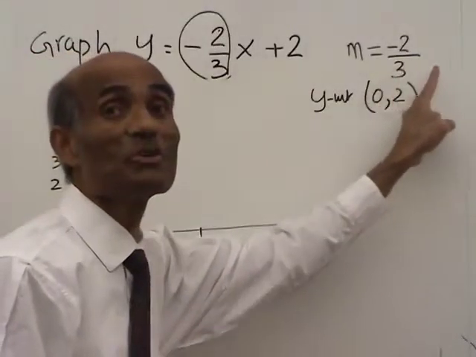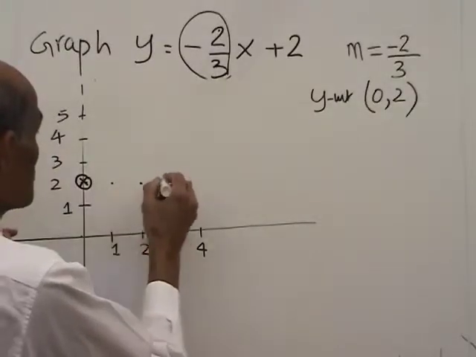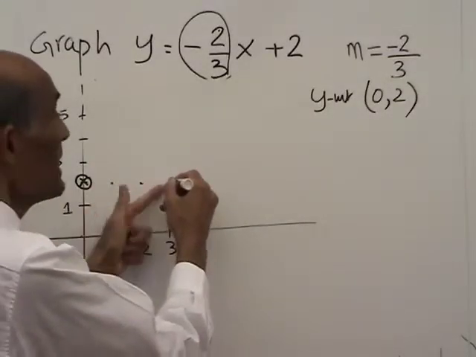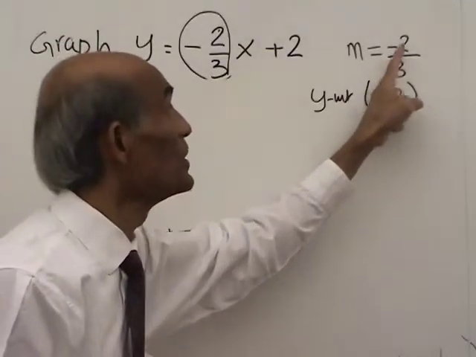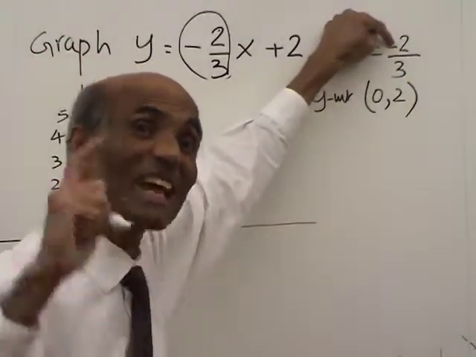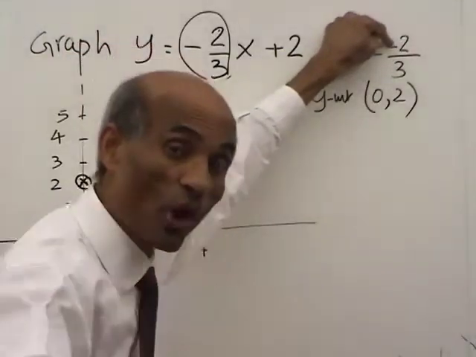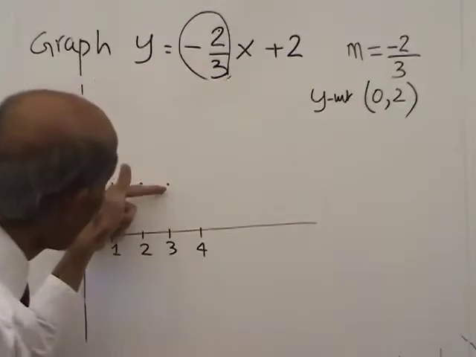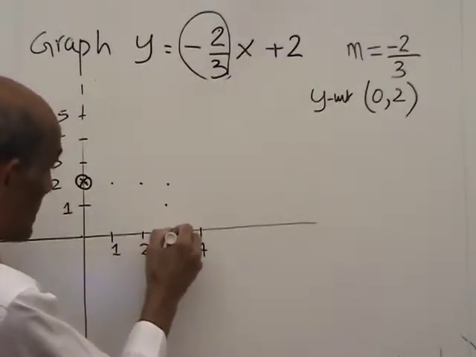And now, while staying at this point, what do you need to do? Walk 3 units to the right, positive. So that will be 1, 2, 3. And then what do you do? After walking 3 units to the right, you've got to rise negative 2. Rising negative 2 is the same as falling 2. So we will fall 2 units. 1, 2, we will come here.